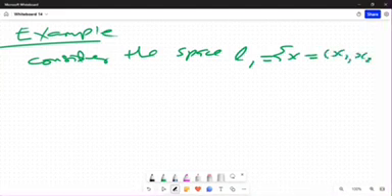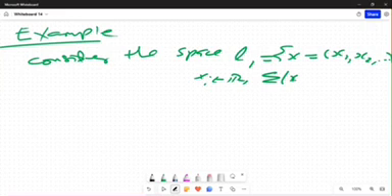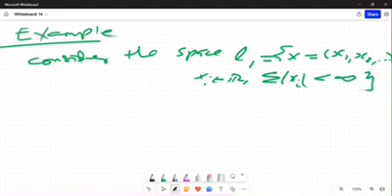You have x1, x2, and so on, is infinite dimensional, such that all your xi are real-valued. And of course, the summation i counting from 1 to infinity of the modulus of xi, because it's L1, so it's to power 1, is less than infinity.